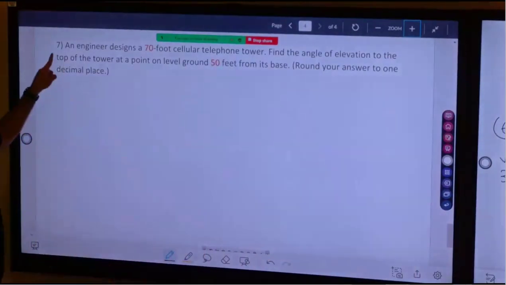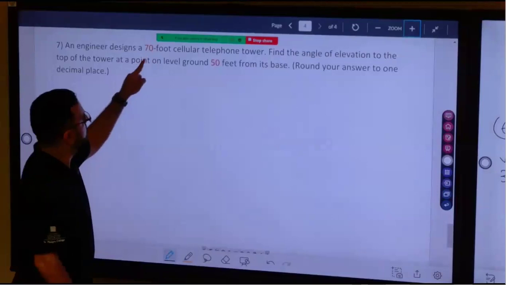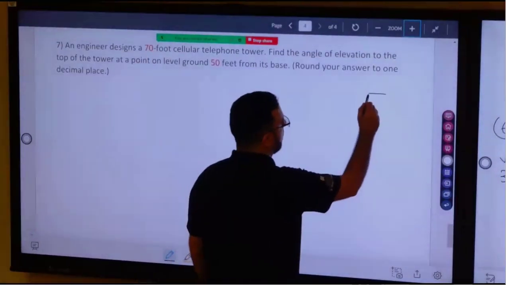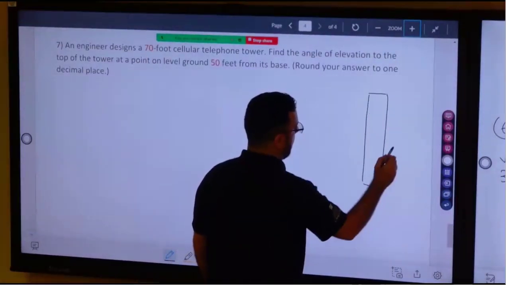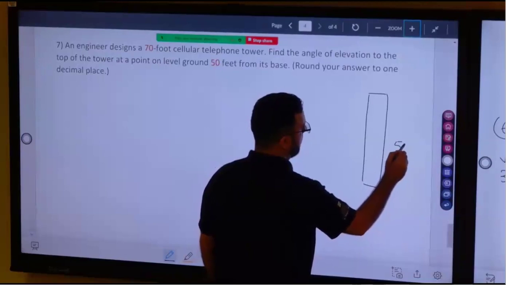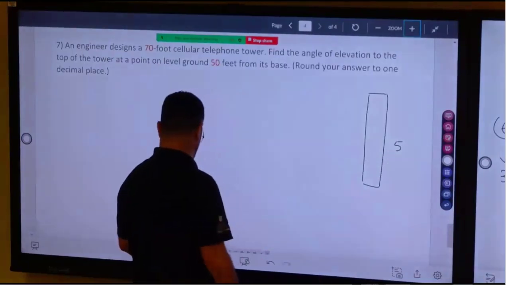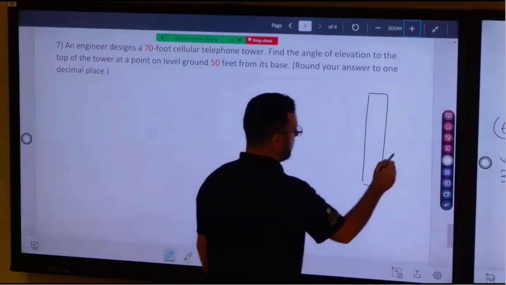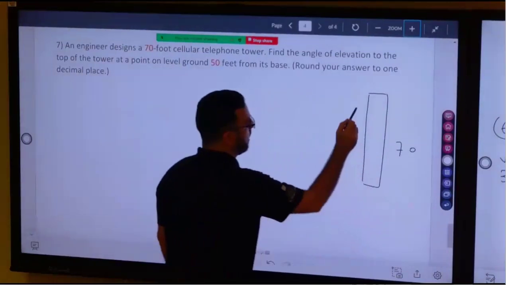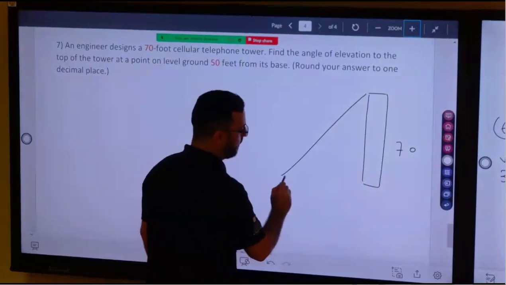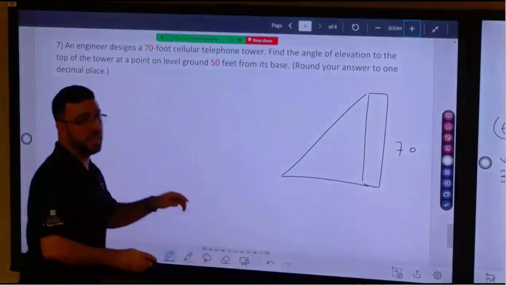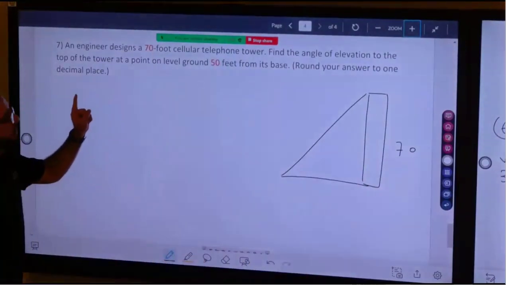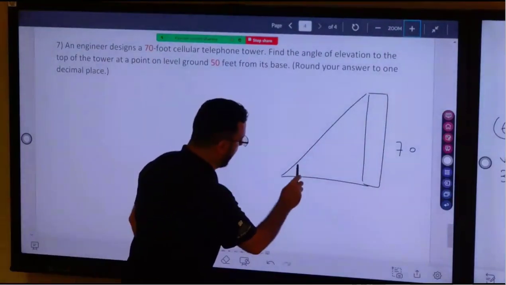So now, how much is the total of the cover? It's 70, right? So here's 70. And I need to find what? They're telling you that's the important part. Find the angle, here's the angle.